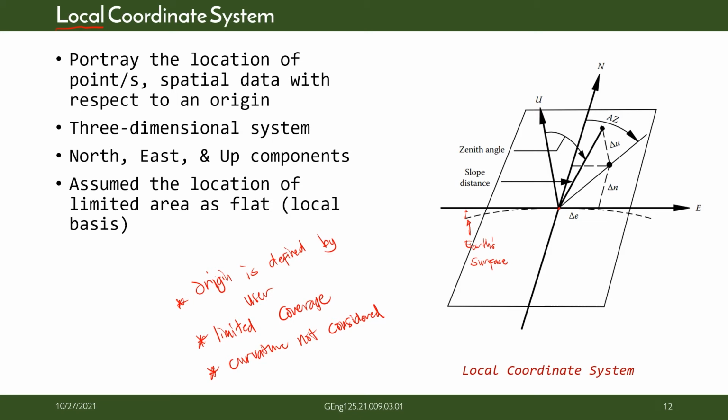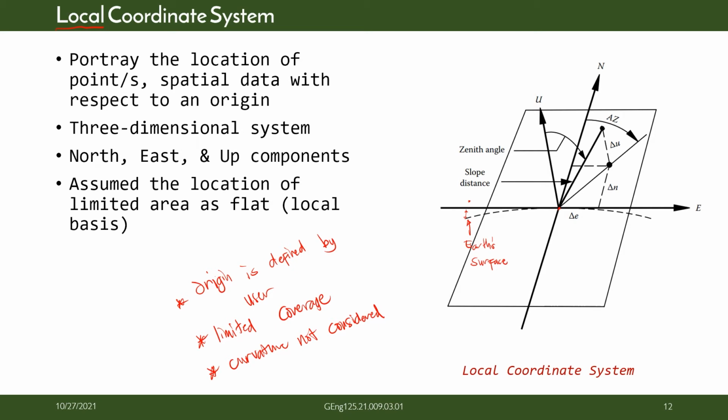For example, if you have some data taken on this part. Anyway, we will not talk about distortion because it is already discussed in your cartography or map projection. For the local coordinate system, it portrays the location of points, spatial data, with respect to an origin, such as this one.